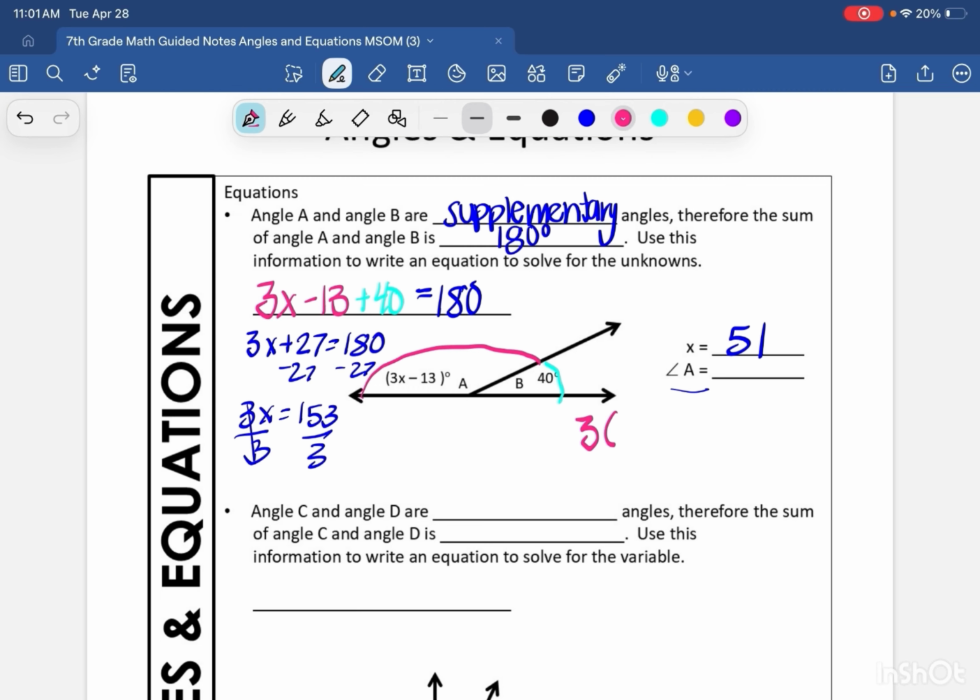So 3 times 51 minus 13. Right? So 3 times 51 is 153 minus 13. And that gives me 140. Just as I suspected, because 140 plus 40 equals 180. So I know I did it correctly.